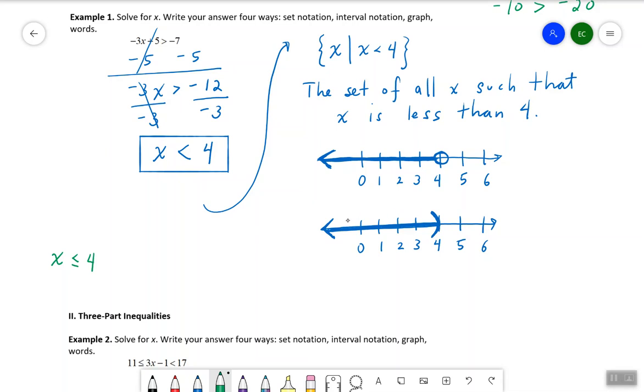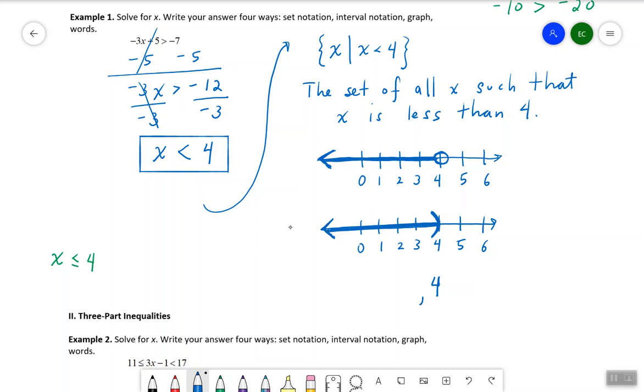So if we're including all the numbers in between, we don't need to write any of them out. We just need to write the lower boundary and the upper boundary. So what are those boundaries? Well, maybe it's clear at the upper end, at the right end of the interval, you have the number 4.